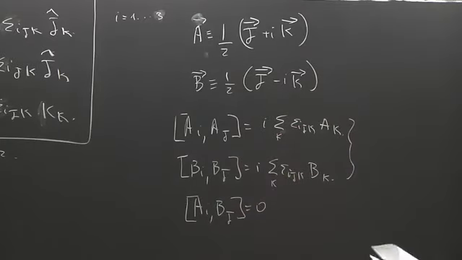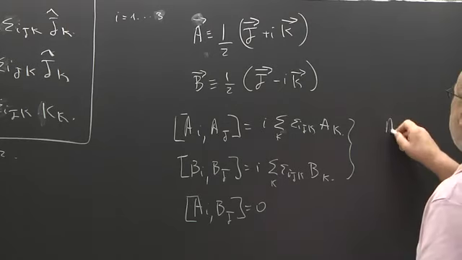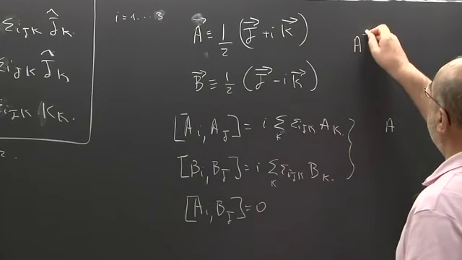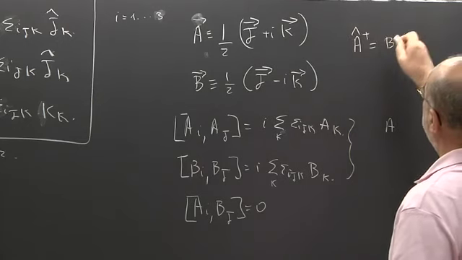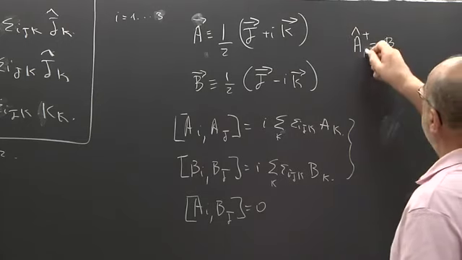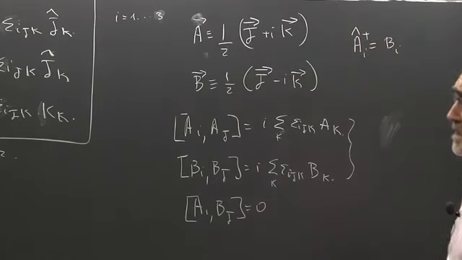So you think you can proceed as with the angular momentum. That is not so, because look there, A dagger is equal to B, so they are not Hermitian. If they are not Hermitian, you cannot apply all the things of the angular momentum.